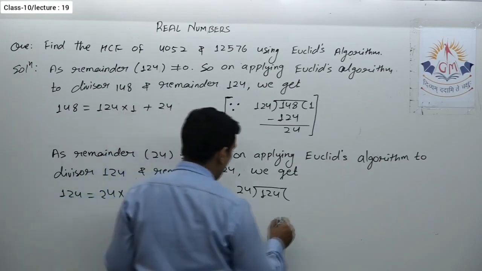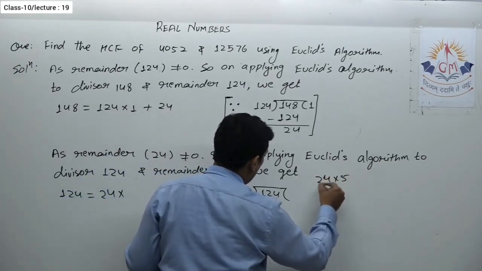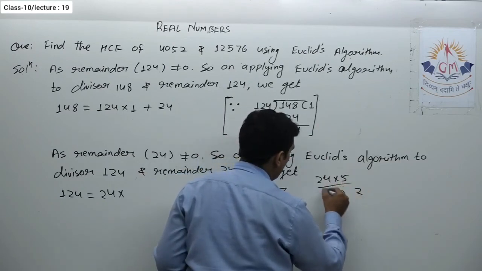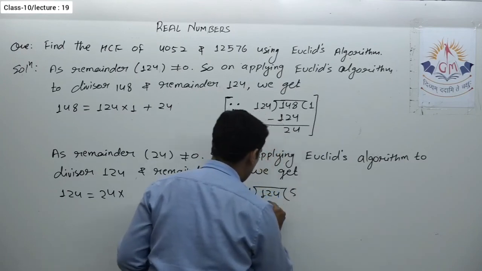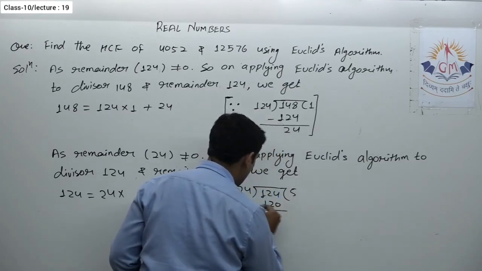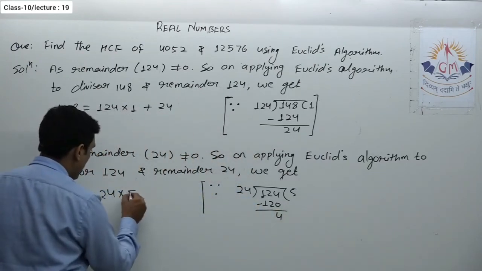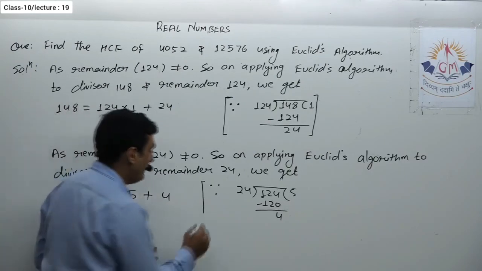24 fives are 120. So here it goes 5, and I get 120 and the difference will be 4. So 24 multiplied with 5 and remainder 4. Still the remainder is not 0.